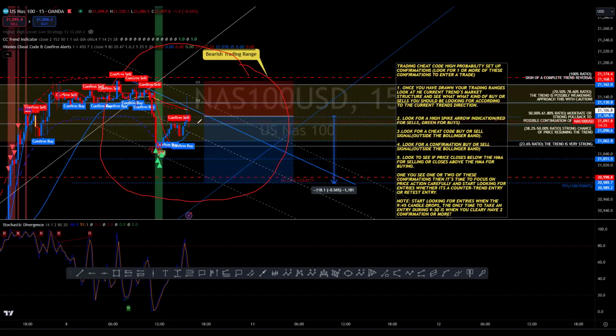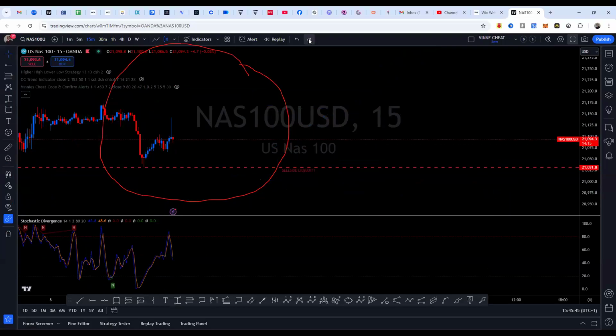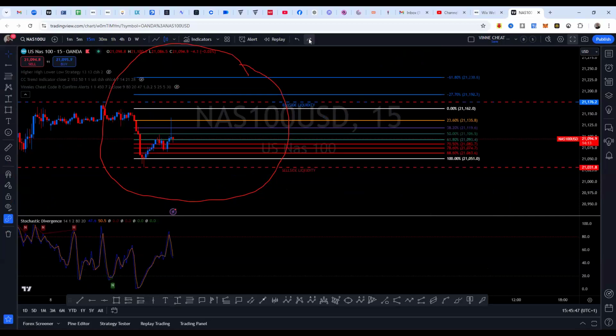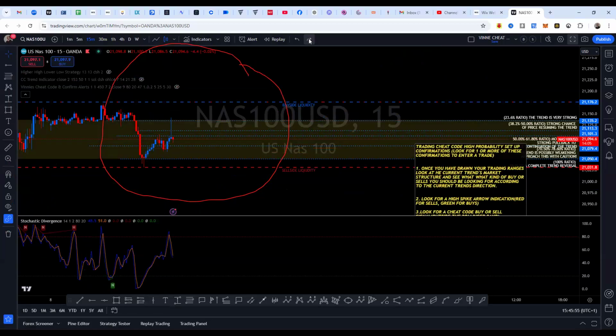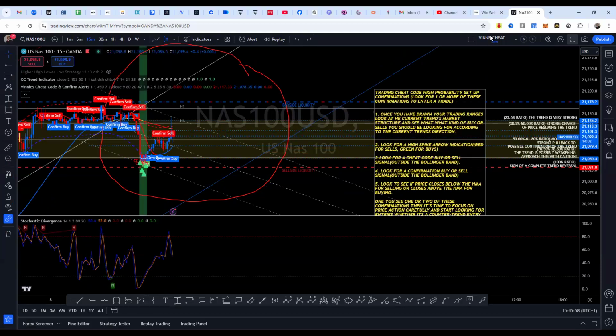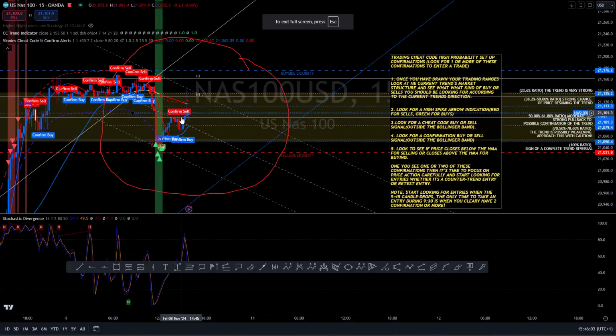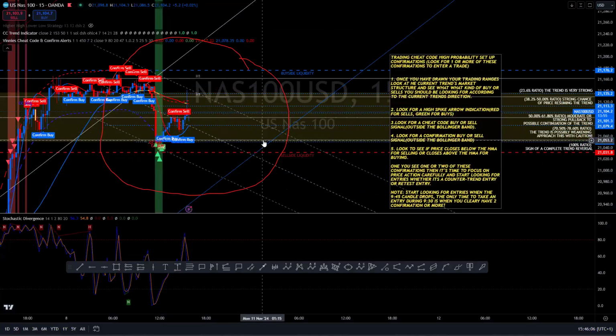Holding it back. Looks like it's rejecting the trade level at the 50% here, but this might be a sign of continuation of the trend, maybe.